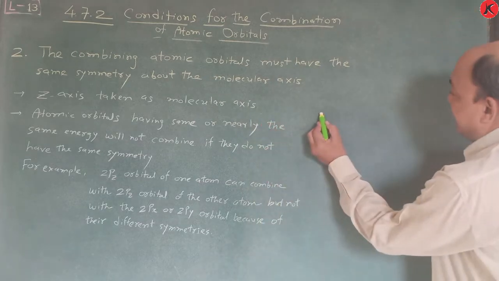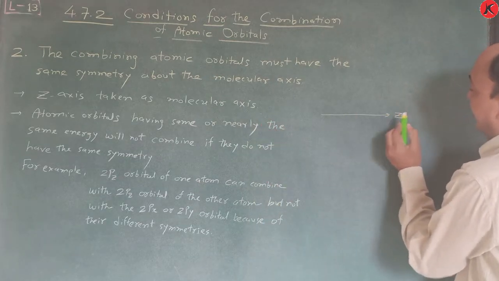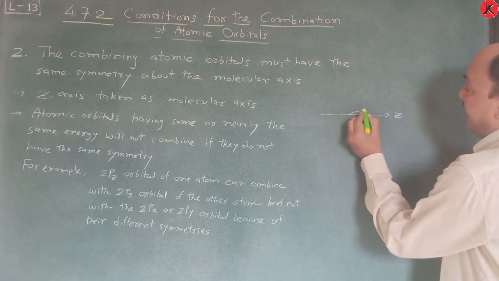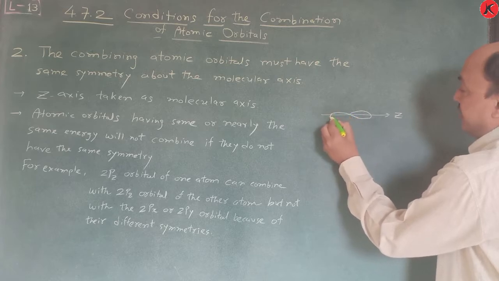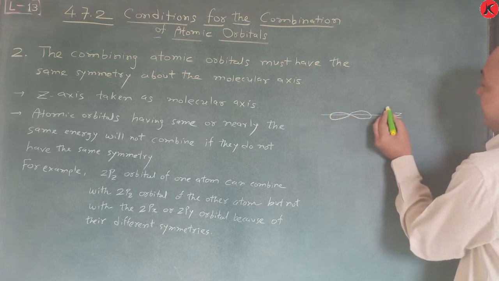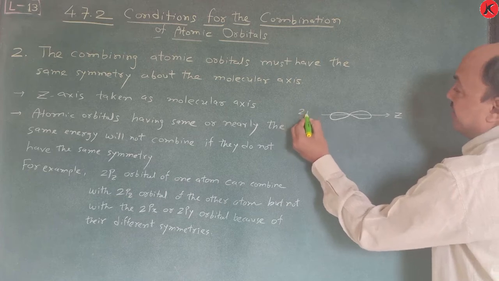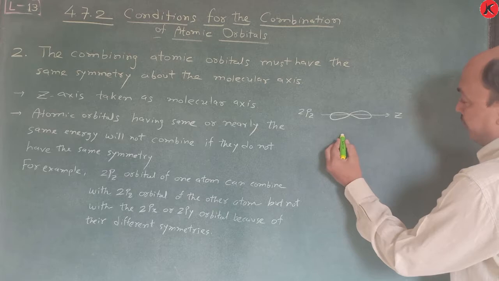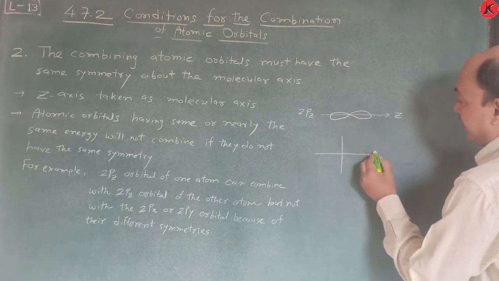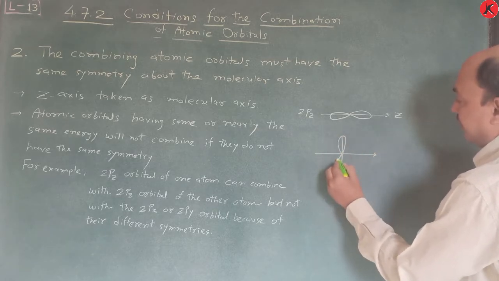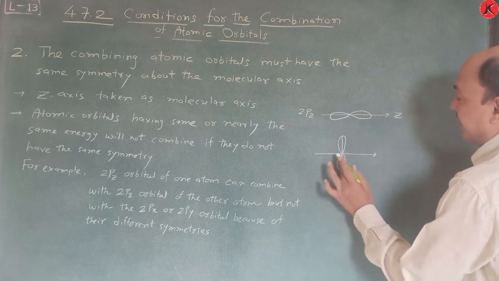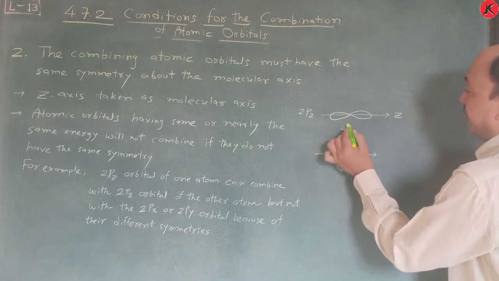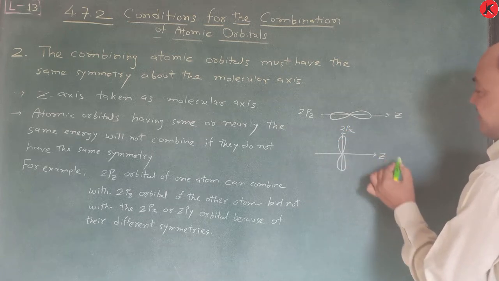So this is considered as the Z axis. Suppose we have to draw the pz orbital. We draw it just like this. This is a 2pz orbital. Suppose we write 2px, then 2px is drawn just like this way, and this is the z-axis.